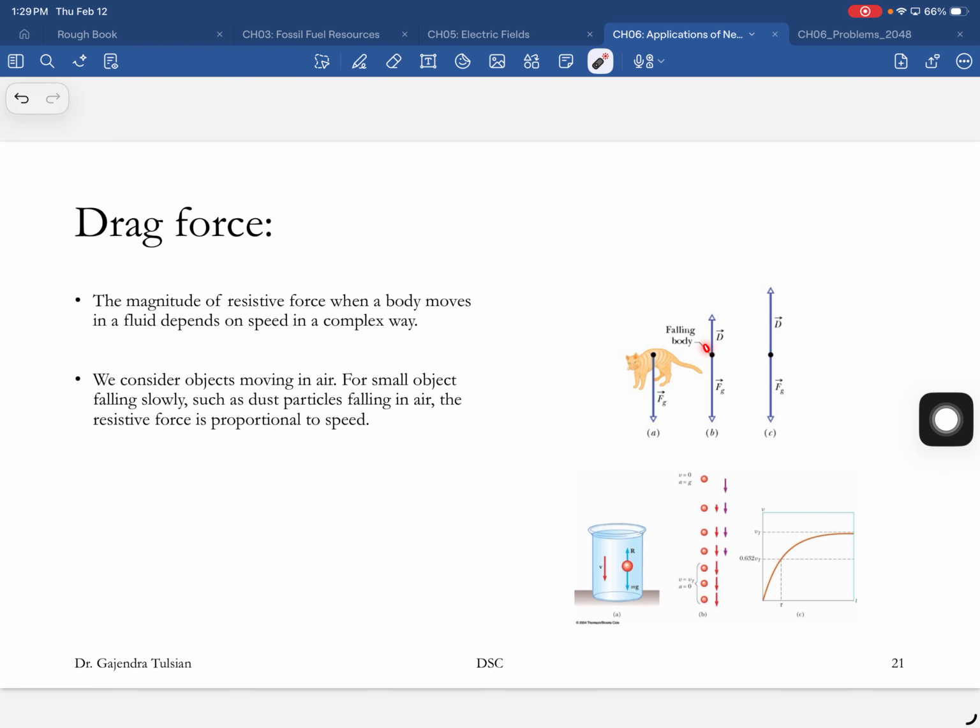Well, what is the maximum it can get? Unless you shoot the cat out of a cannon, what will happen is, as the drag force gets bigger and bigger, once the drag force is equal to the weight of the cat, now the net force on it is 0, and now it's not speeding up anymore. The cat has reached terminal velocity.